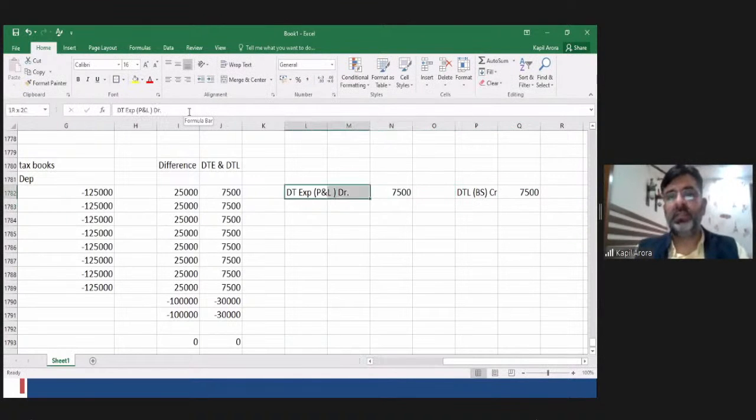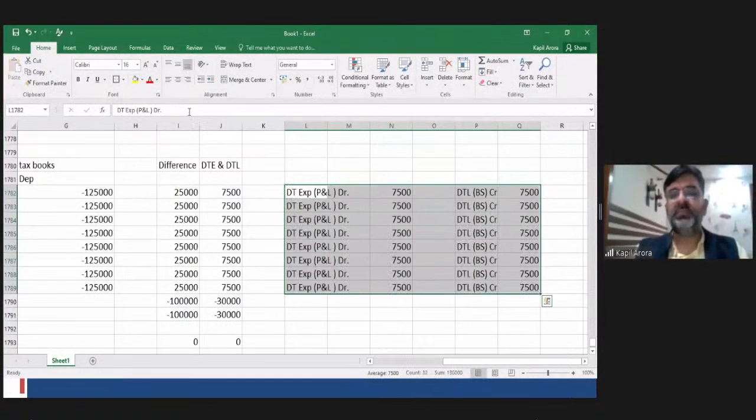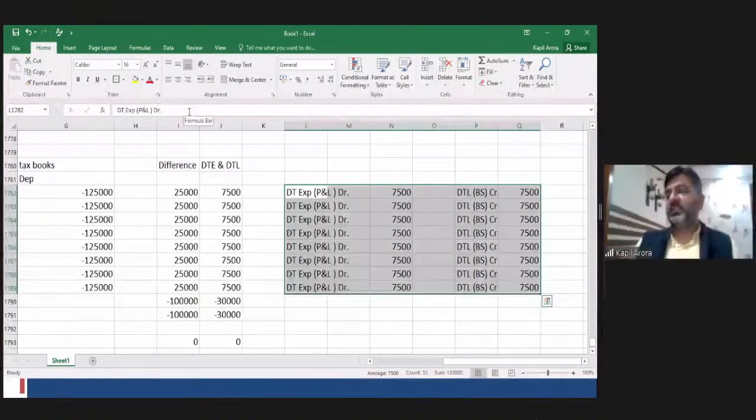And it will go on up to an 8-year period. So the first 8-year period, it will be working like this.